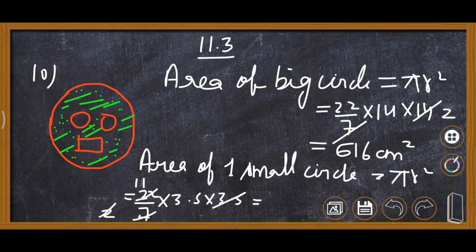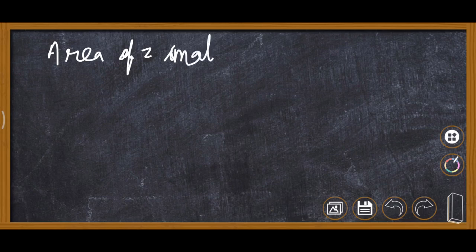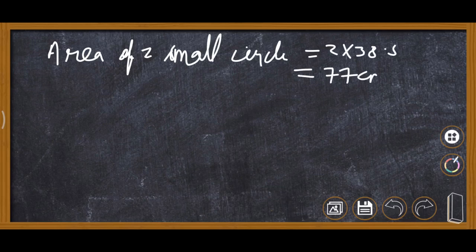Now 3.5 into 11, this is 38.5 centimeter square. Now because here there are two small circles, we will find the area of two small circles. This is 2 into 38.5, this is 77 centimeter square.